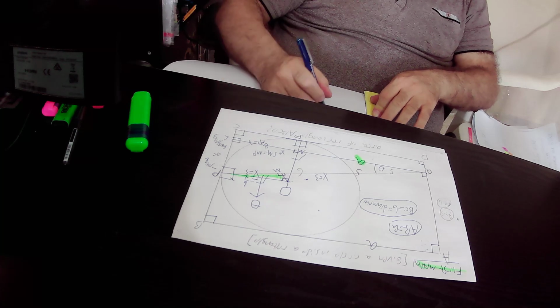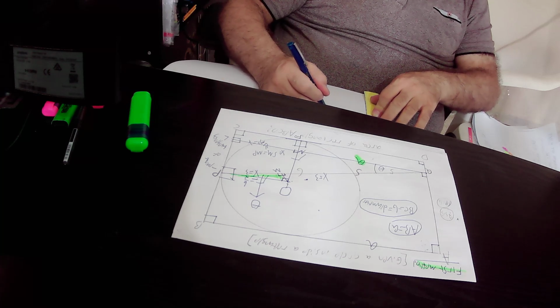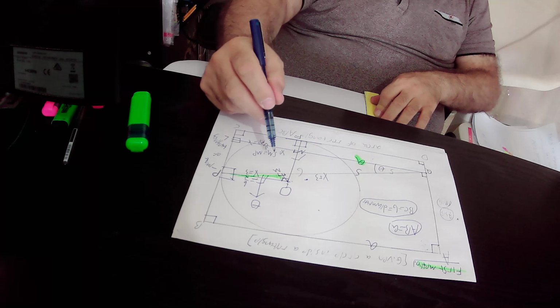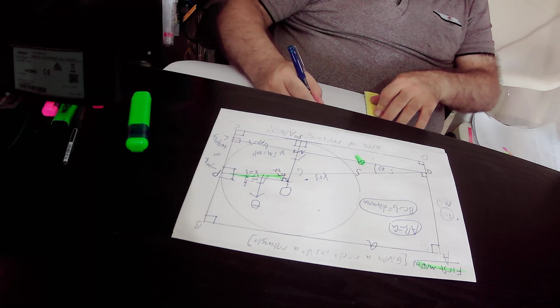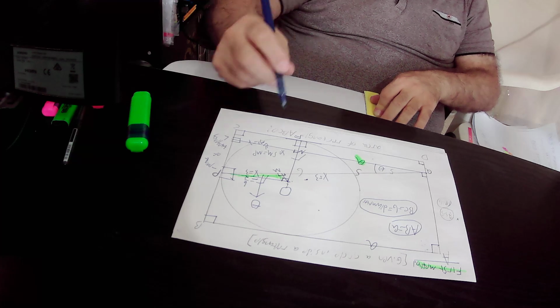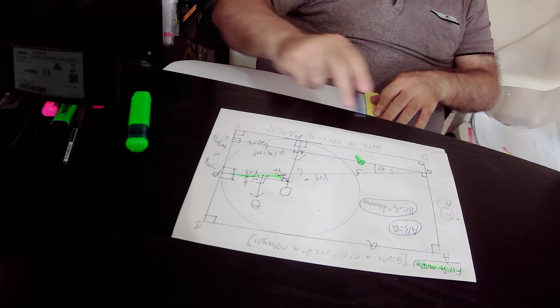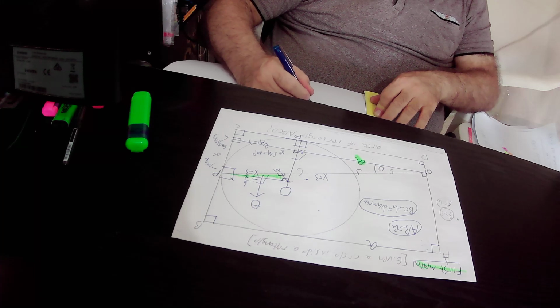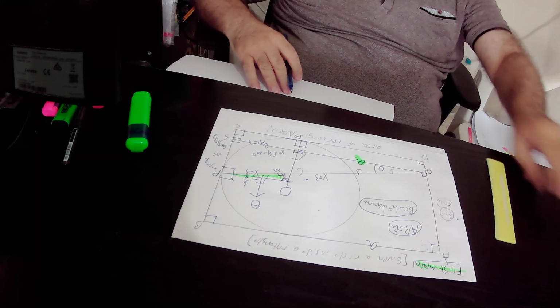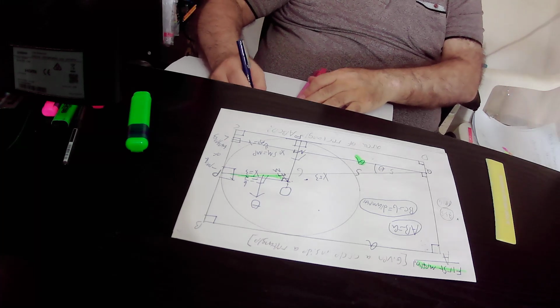MP equals 3 units. The hypotenuse OP equals B over 2. And angle MPO equals theta. Okay, so in the right triangle OMP.